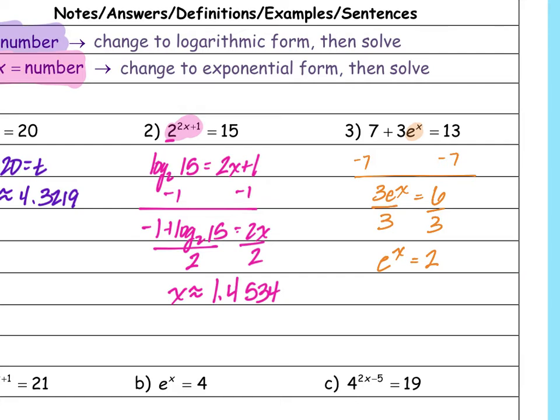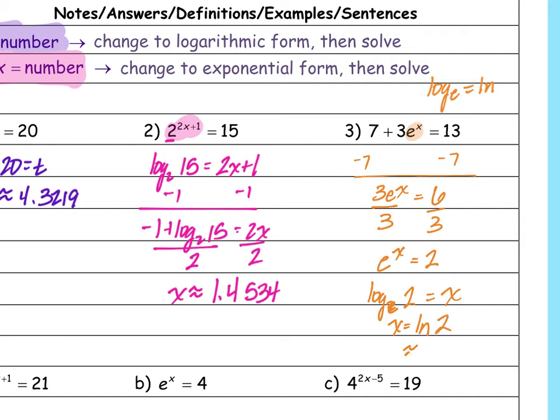All right, so now I'm going to rewrite it as a logarithm. So I get log base e of 2 equals x. And remember, log base e I can write as natural log. That's what it is in the calculator. Log base e is natural log. Let me write that up here. Log base e equals the natural log. So I'm going to exchange those. Log base e of 2 becomes the natural log of 2.